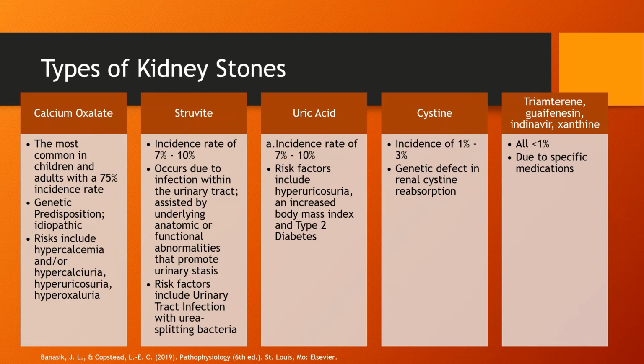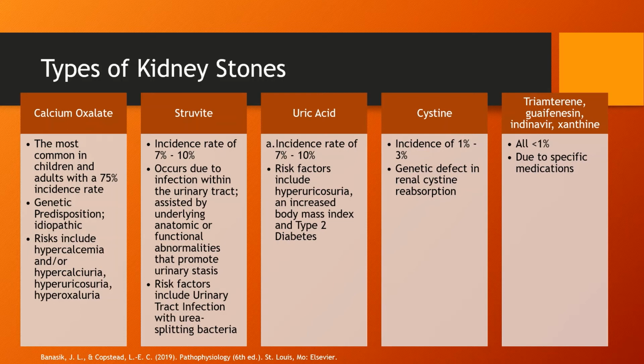The cause is relatively unknown, it's idiopathic, but family history is common with this one, and the risk factors for these kidney stones are hypercalciuria, increased level of calcium in the urine, and or hypercalcemia, which is the elevation of calcium in your blood level. Hyperoxaluria, which is the excessive excretion of oxalate in the urine, and then hyperuricosuria, the excessive amounts of uric acid in urine.